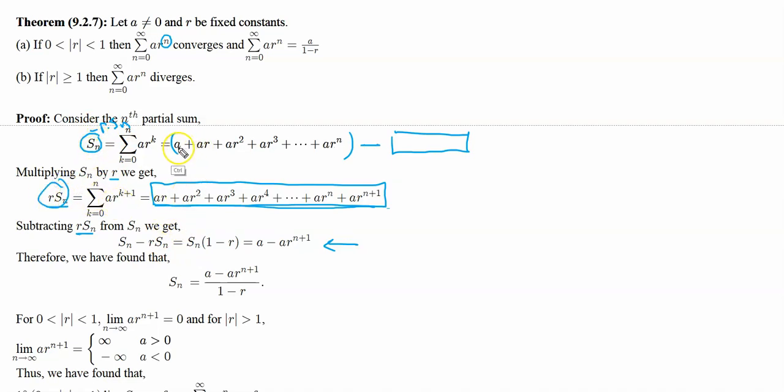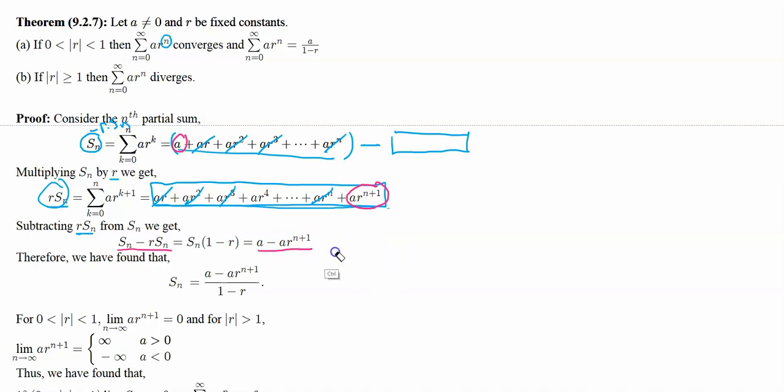Now, if we take these terms here, notice that if we subtract the terms down here, you're going to get a lot of cancellation. This is going to cancel with this term. This one will cancel with this one. All of these up here will cancel, and you'll be left with the first term here and the last term down here. So you see you end up with a statement that s sub n minus r times s sub n is equal to a minus a times r to the n plus first power.